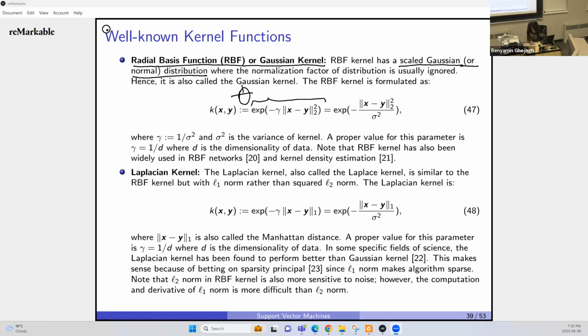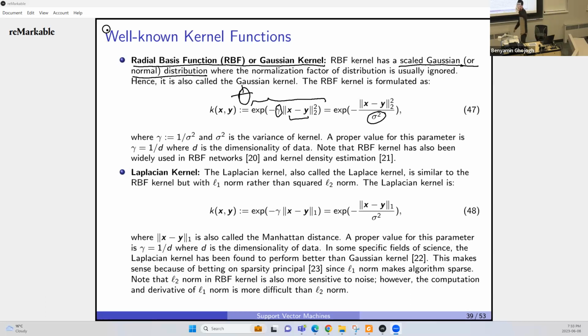And what is that? This is a parameter. You can see it as what? Related to variance, because we have variance here. Gamma is 1 over variance. And what is this? X minus y. It means the difference between x and y.